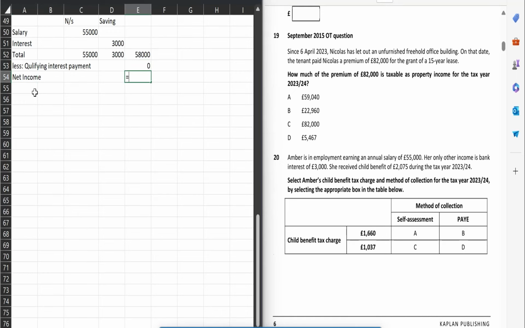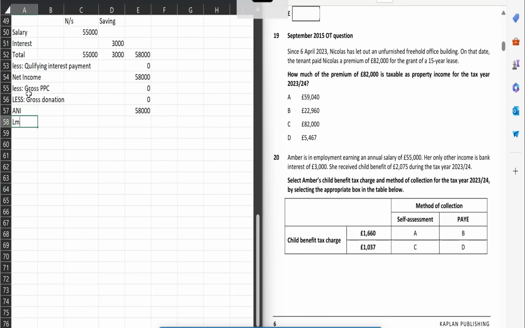From this net income we have to deduct the gross personal pension contribution, and then deduct any amount paid to a UK charity, like the gross donation amount. In our case nothing is available, so we keep zero. You have to show zero in the exam as well. So we arrive at the adjusted net income.